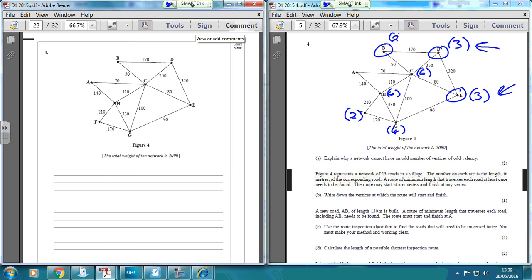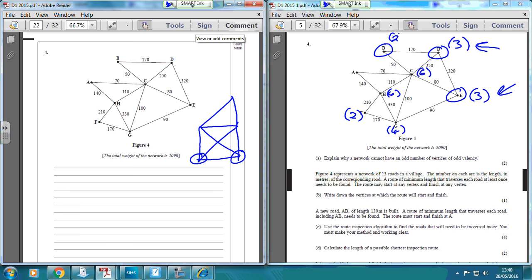So if you go back to when you started learning about this, if you are going to draw a diagram without taking your pen off the paper, you've got to start at one odd vertex and end at the other odd vertex.